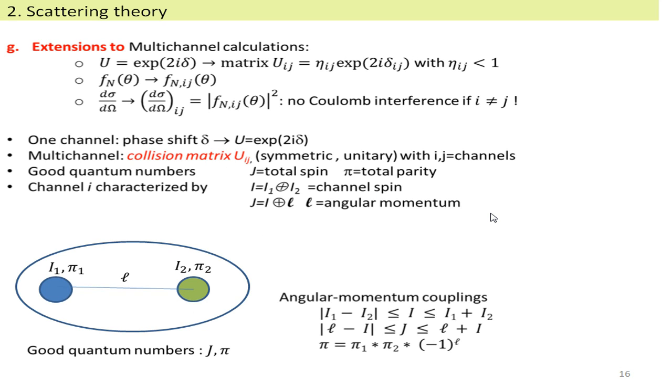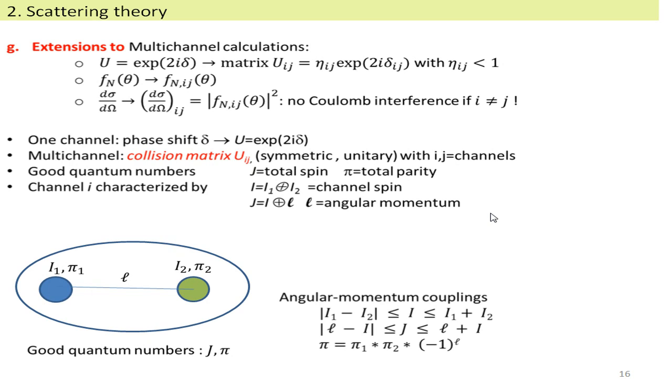So one of the simplifying assumptions was that it's a single channel calculation with 0 spin nuclei. And if you want to extend that to multi-channel calculations, then the scattering matrix U, which in a single channel calculation is a single number, is extended to a matrix with indices i and j, which correspond to the different channels.